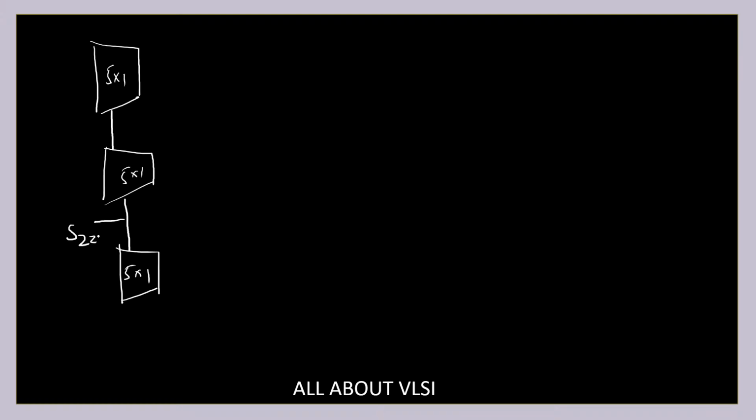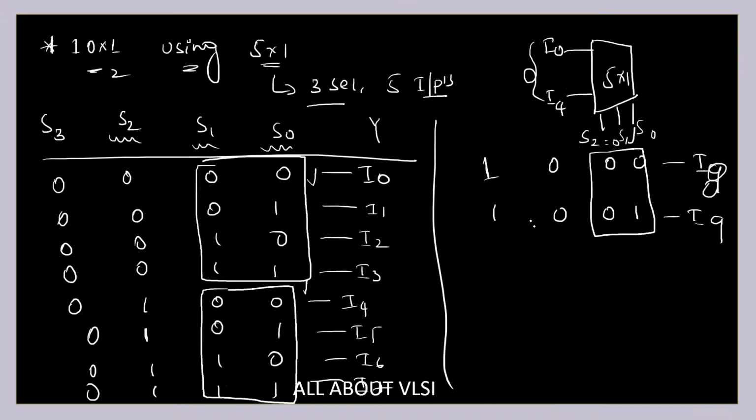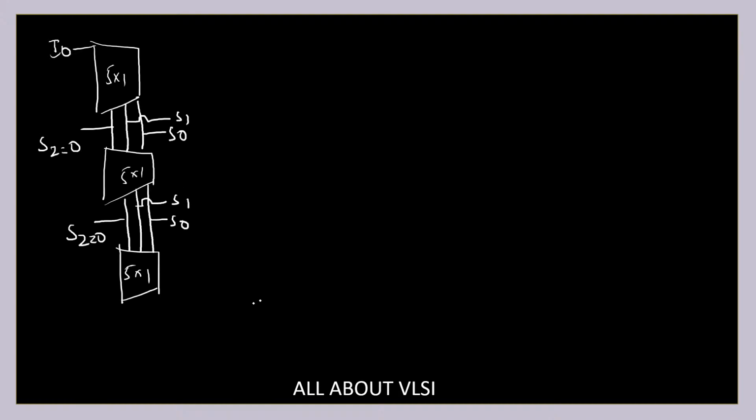This S2 is equal to 0 and this S2 is also equal to 0. I'm only going to consider this S1 and S0. This is my S0 and this is my S1. Okay. And all the inputs from I0 to I9, I'm going to connect.